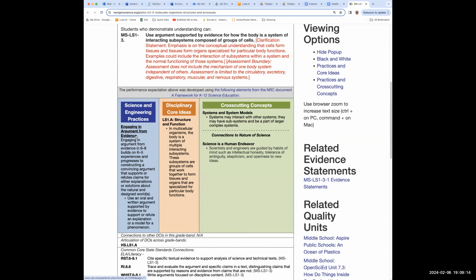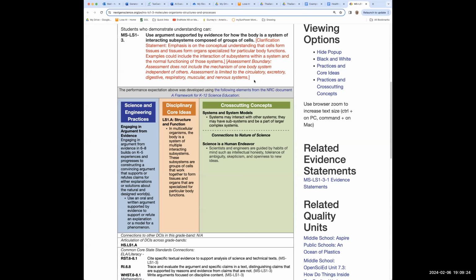It breaks it down really well. For example, this performance expectation is middle school life science 1-3: use argument supported by evidence for how... What is helpful is this assessment boundary, which helps outline what students should know, but gives you boundaries.